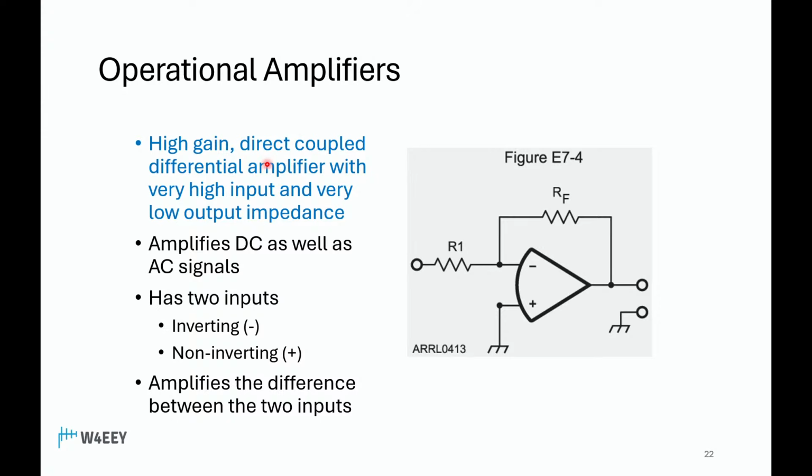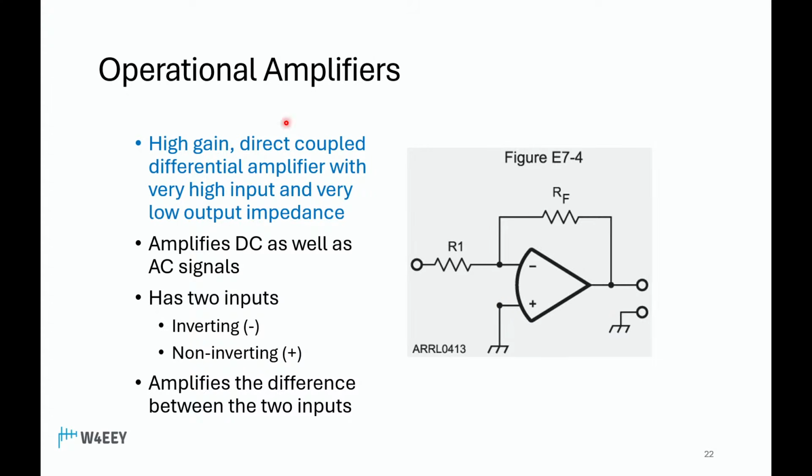Okay, so high gain, direct coupled, differential amplifier. What does that mean? Well, we've got these two inputs called the inverting and the non-inverting input. So the amplification that occurs is the difference between those inputs. So that's what they mean by differential amplifier. Very high input, that's this side, and very low output impedance.